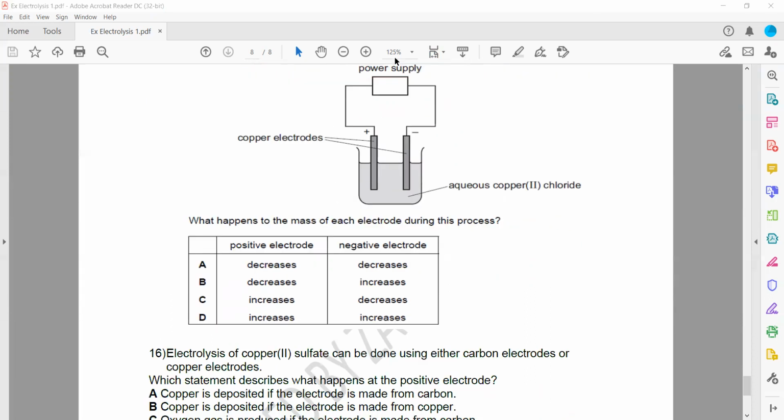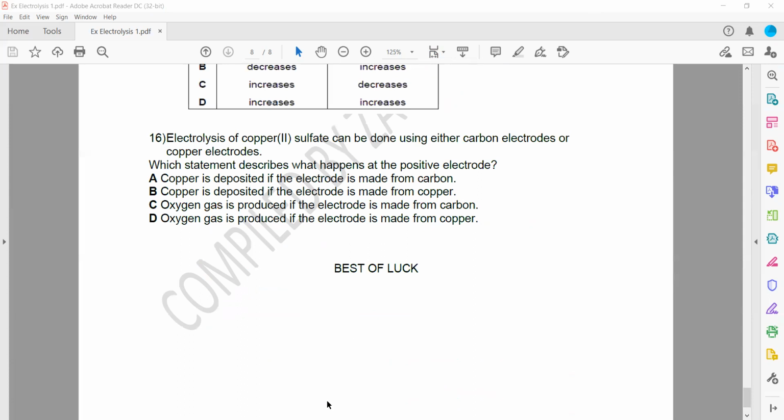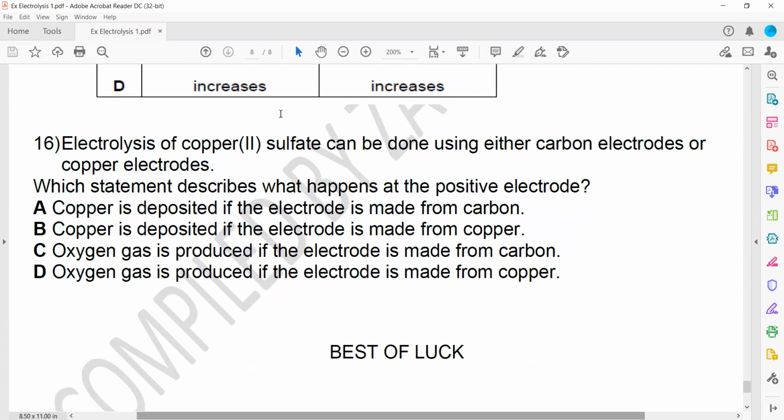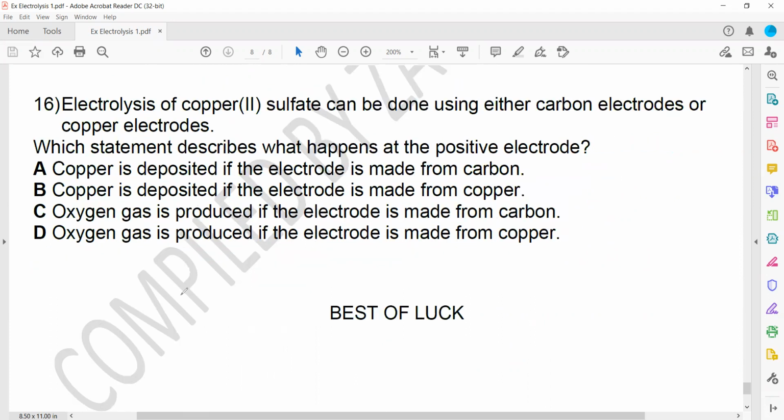And the last question is about electrolysis of copper(II) sulfate, which can be done using carbon.